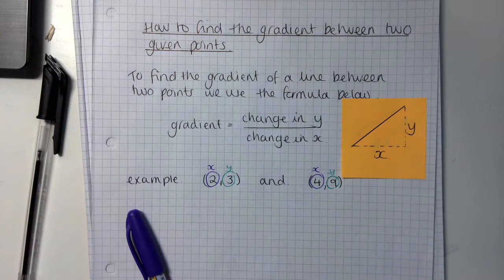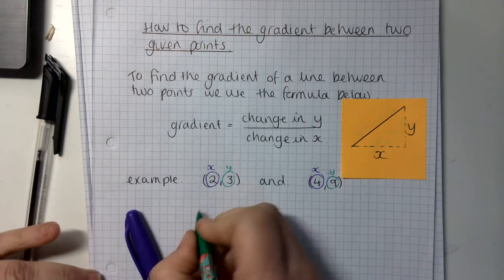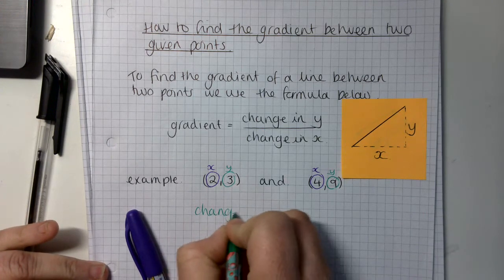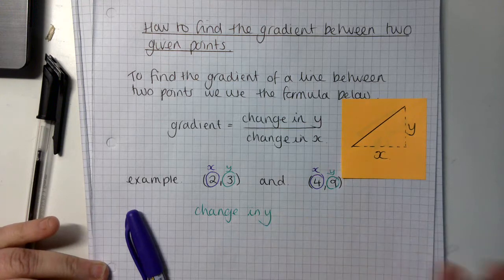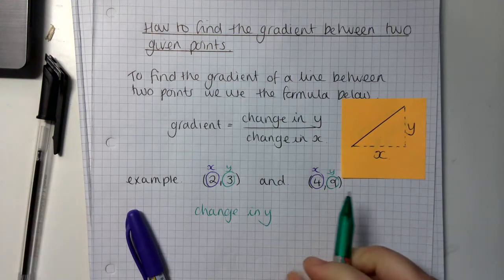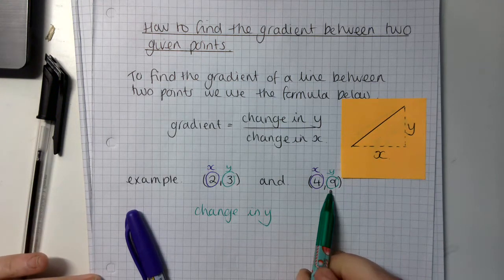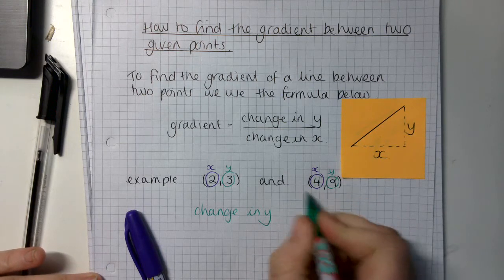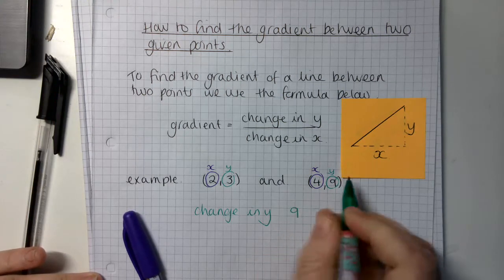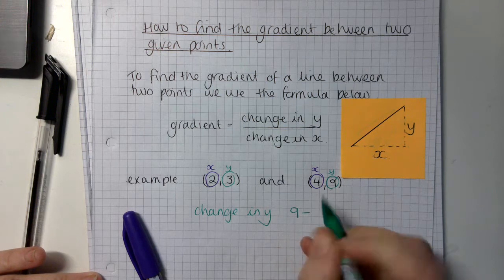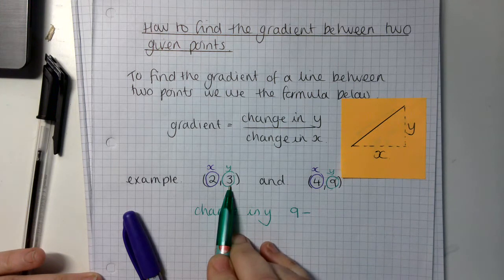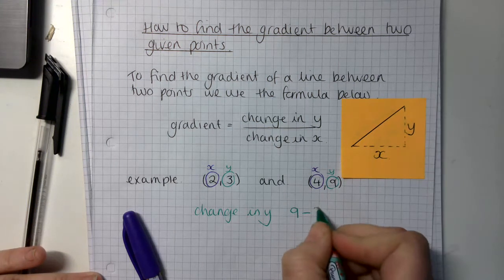Okay, so we need to be able to find the difference or the change in y and the change in x. So I'm going to look at the change in y first. So you would take, and you always do it exactly the same way round, the second coordinate pair, you take the y value and you take away the y value from the first coordinate pair.